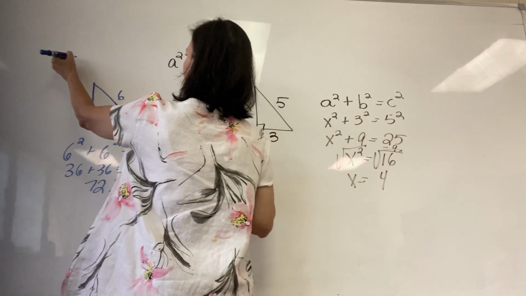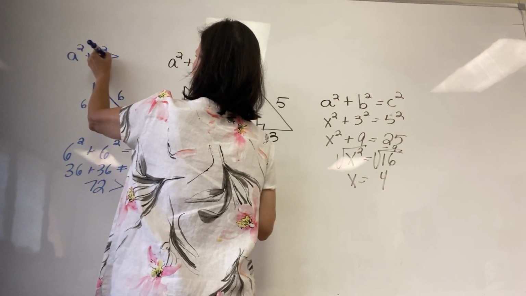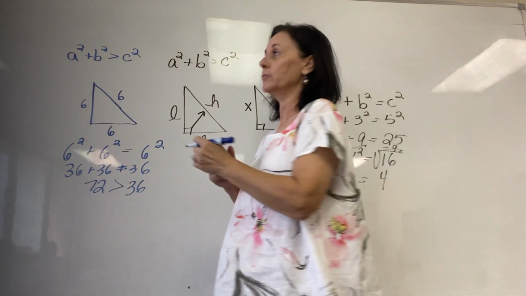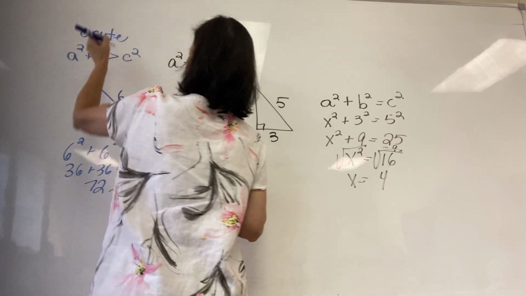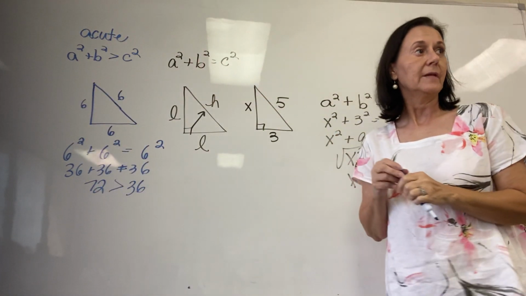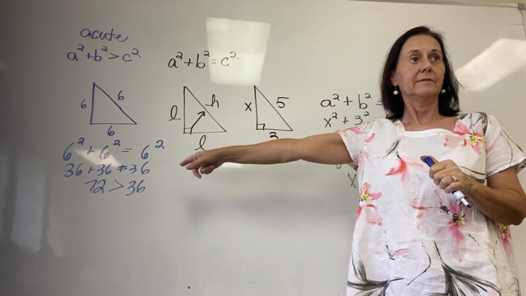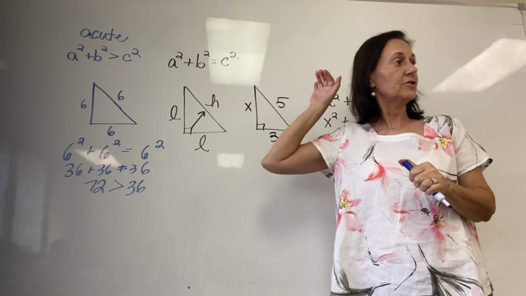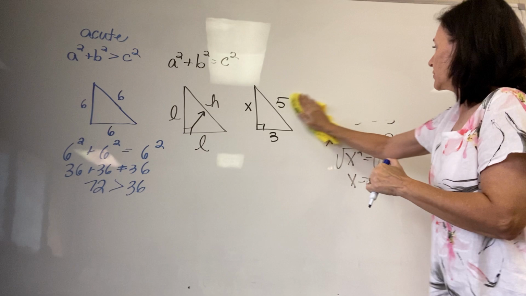Anytime you have a squared plus b squared greater than c squared, you have an acute triangle. It's always acute because that third side is not long enough to exceed the value of a squared plus b squared.